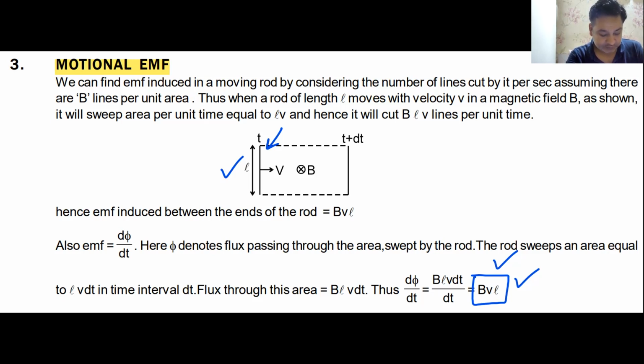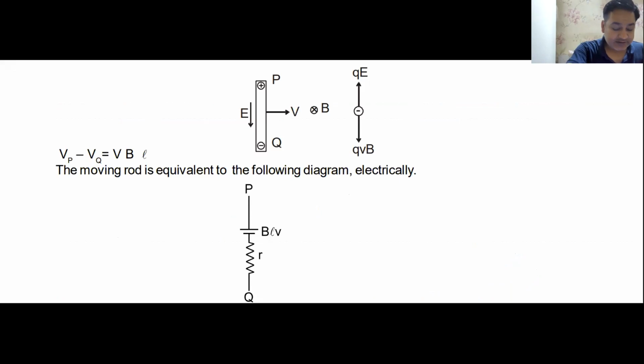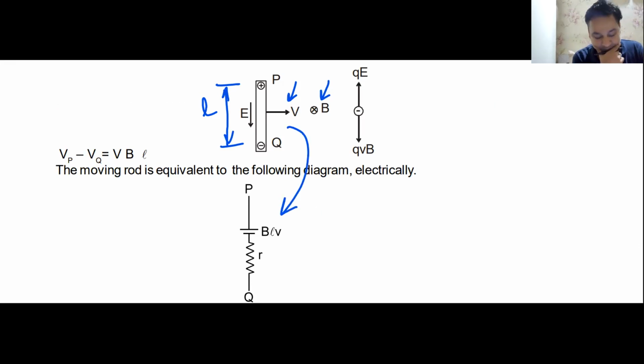So basically what you do in motional EMF is you will have a conductor which is moving with a velocity v inside a magnetic field B. A conductor of length L will move like this, and what you are going to do is replace this conductor by a battery. Yes or no? Yes, sir. The EMF of this battery will be equal to BVL. Yes or no? Yes, sir.